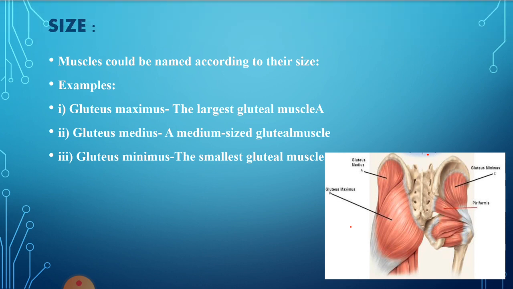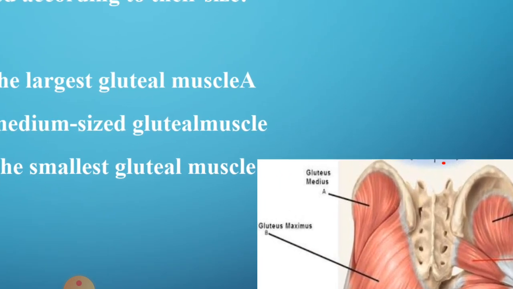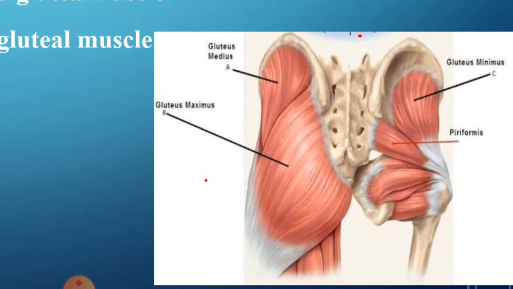You can see in this diagram the gluteus maximus muscle, which is the most superficial muscle of the gluteus muscles, and this muscle has the largest size.